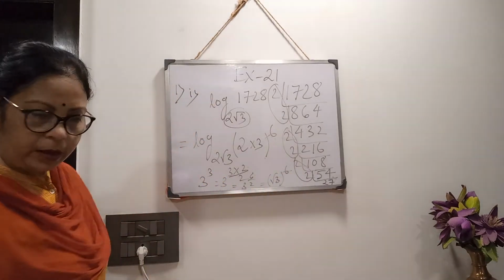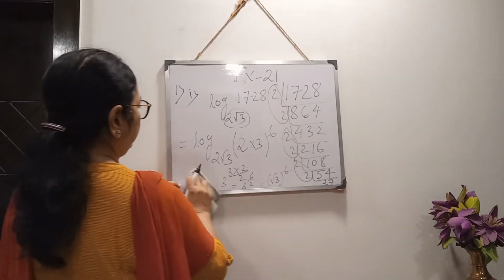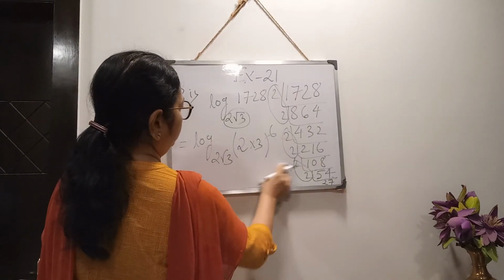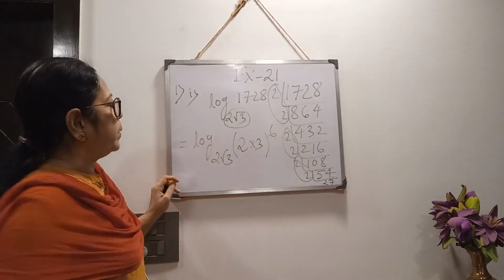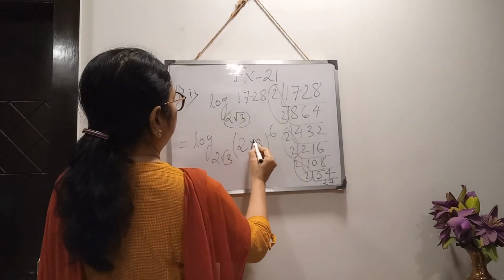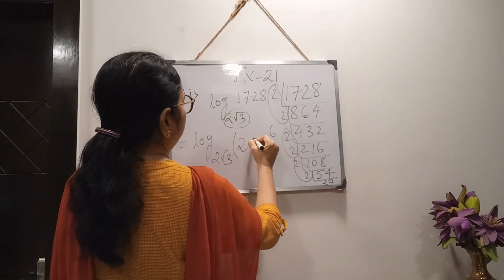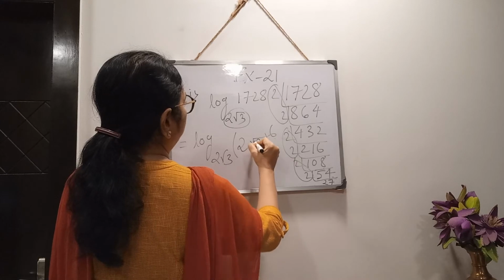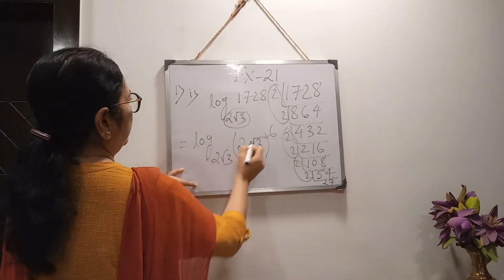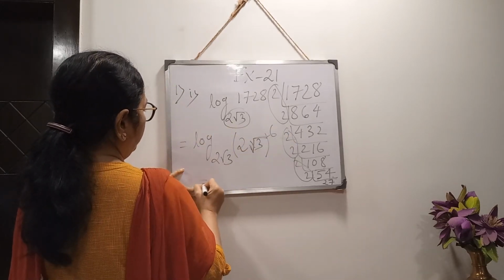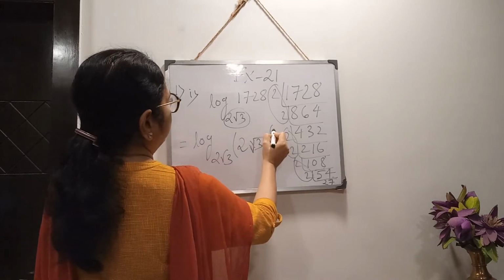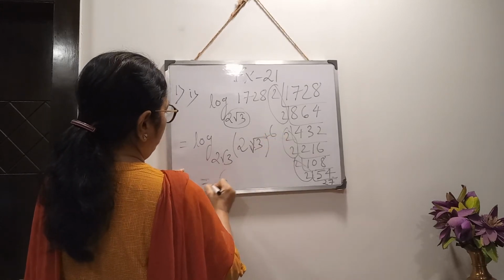Okay. This part you do not have to show, I have just explained. So there is 2 root over 3 to the power 6. Now by the property of log, the power will come beside log.